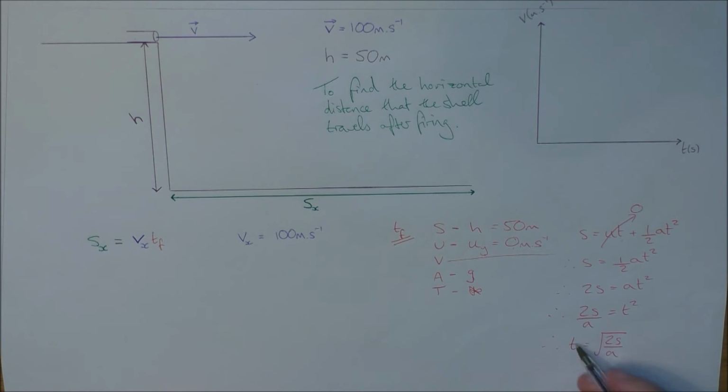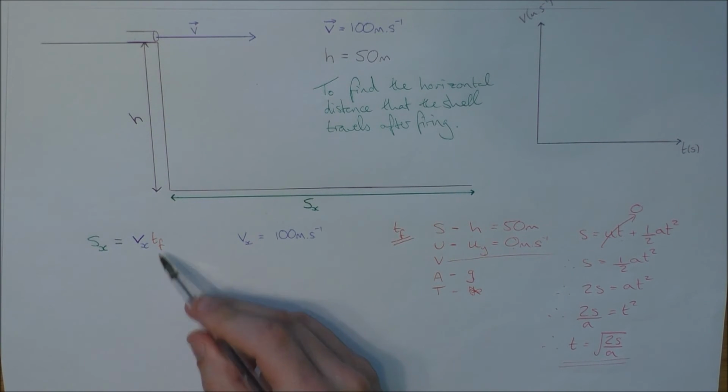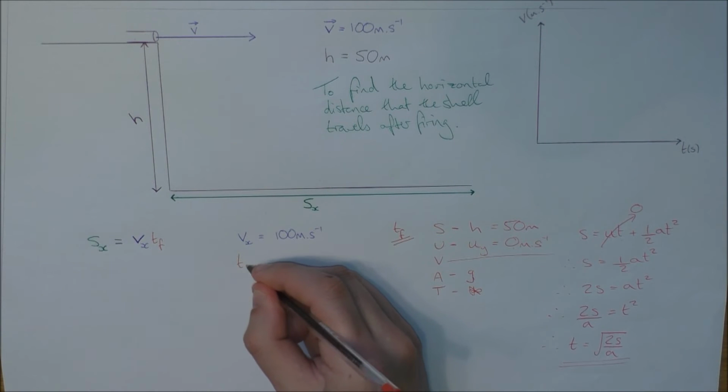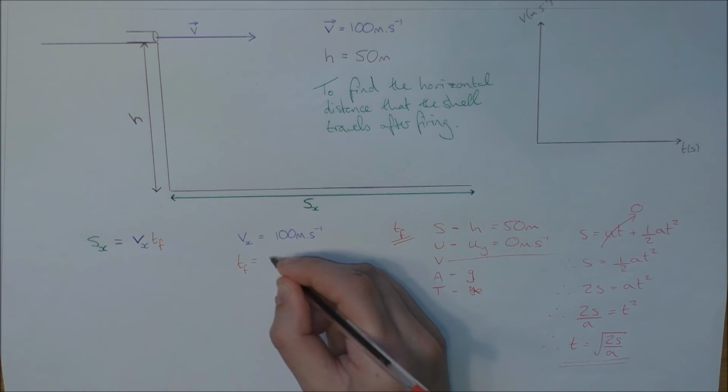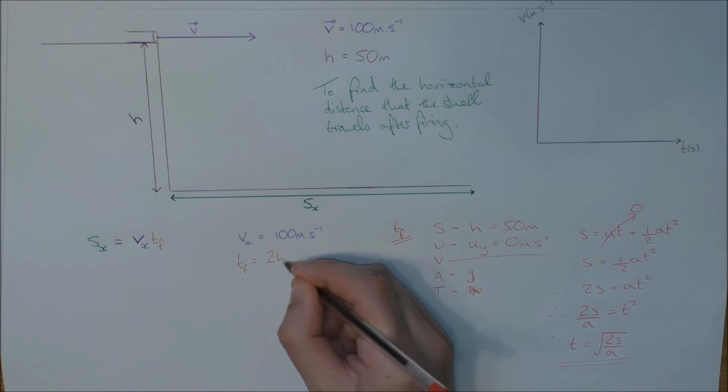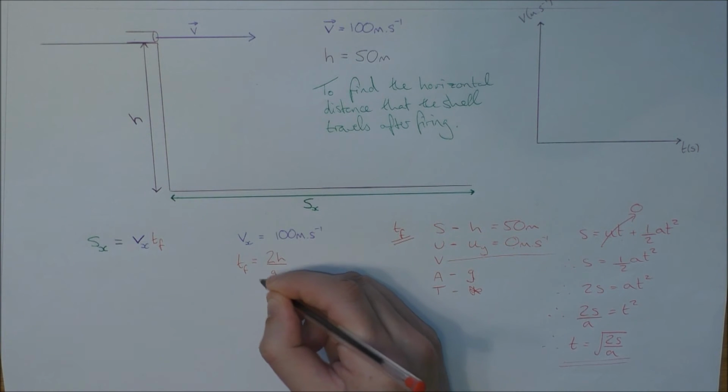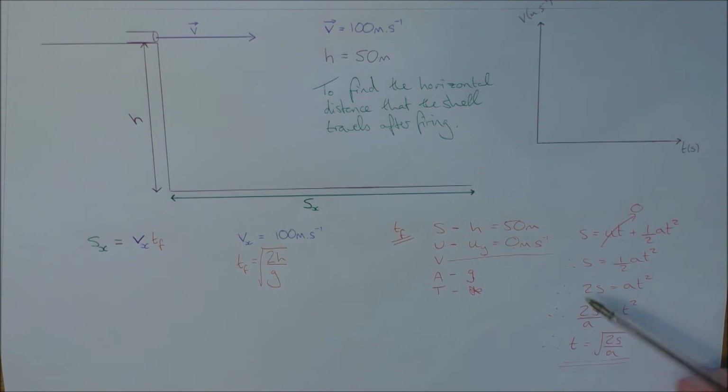And I'm going to take this and I'm going to say that TF here is equal to 2h over little g all rooted. In this equation, s becomes h, as I've said, and a becomes little g.